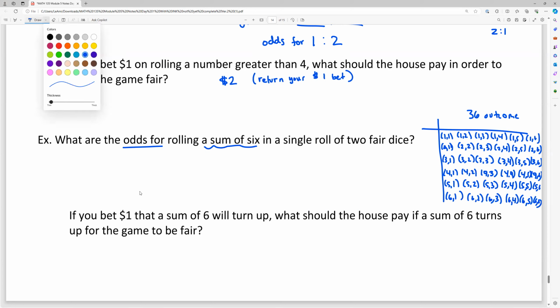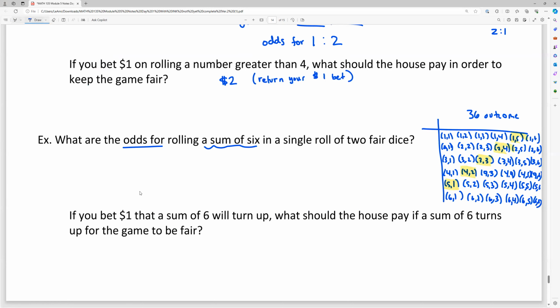When I look at our list and I'm looking for things that add to 6, remember I said go down the first column, see if you find anything. So this 5-1, then there's usually a diagonal going up from there, from bottom to top, that adds to that same amount. So notice 4 and 2 add to 6, 3 and 3, 2 and 4, 1 and 5.